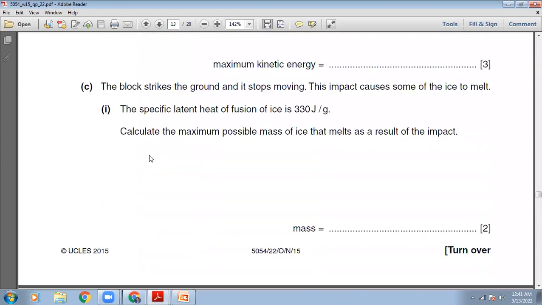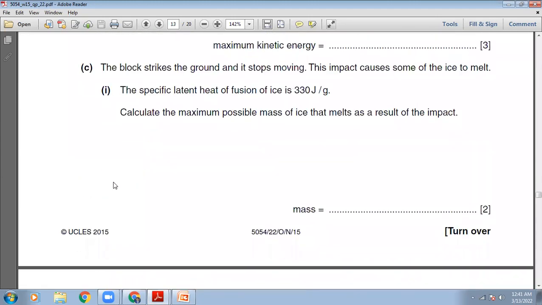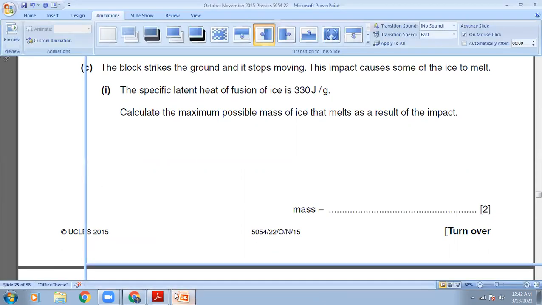Okay, so what's the question? It says the block strikes the ground and it stops moving. This impact causes some of the ice to melt. The specific latent heat of fusion of the ice is 330 joules per gram. Calculate the maximum possible mass of the ice that melts as a result of the impact. The heat equals mL when the state changes.